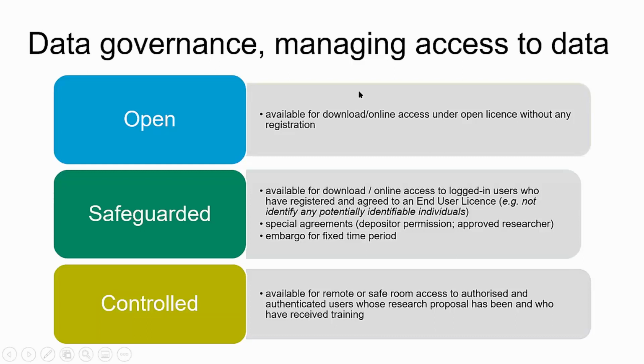So there will be three more or less large categories. We have open data, which is available to anyone without a registration. This is data that would be anonymous, that is not considered to be risky in terms of identifying the data subjects. Then we have safeguarded.